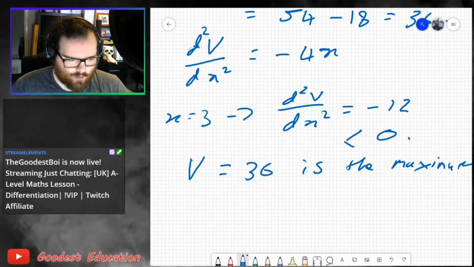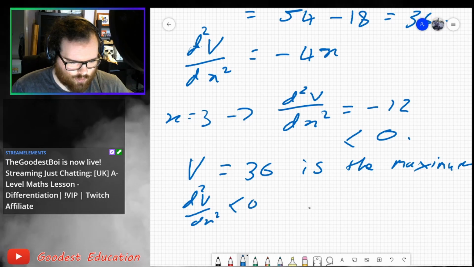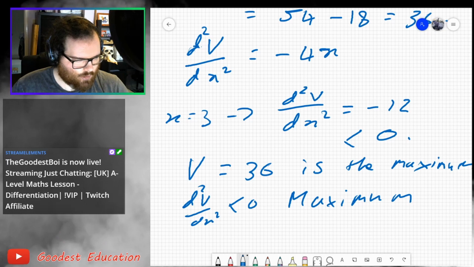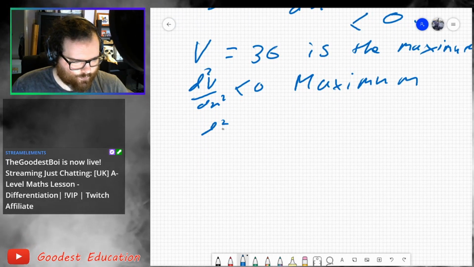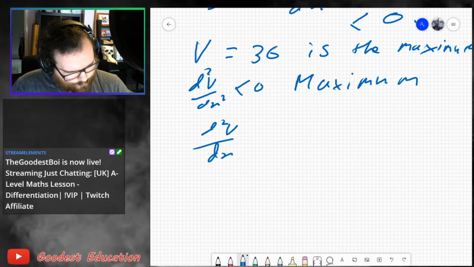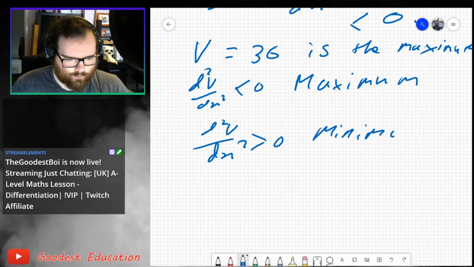So remember that if d²V/dx² is negative, we're going to get a maximum. But if the second derivative of V is positive, it would be a minimum.